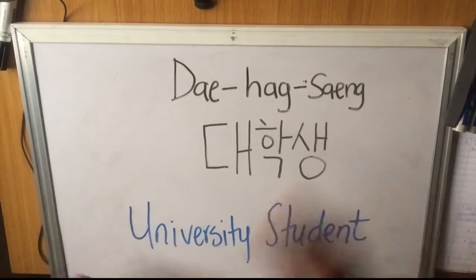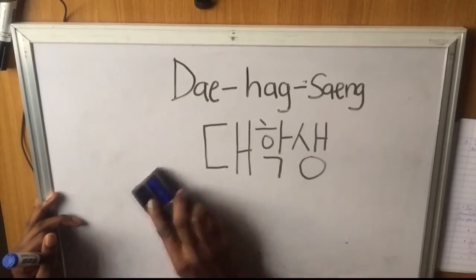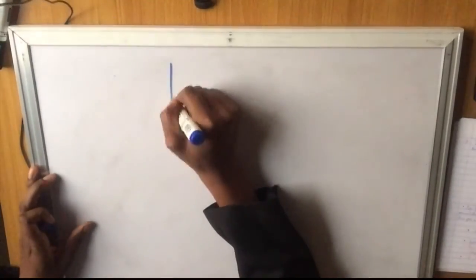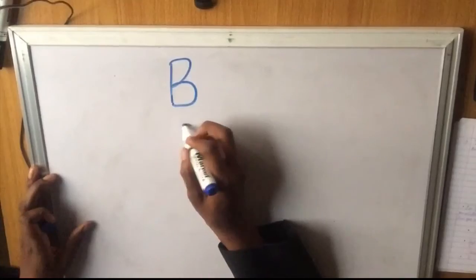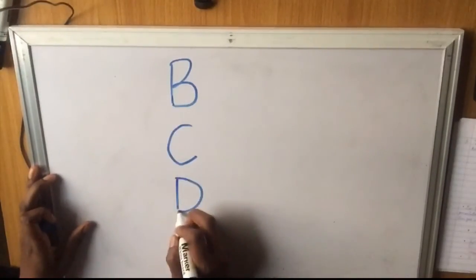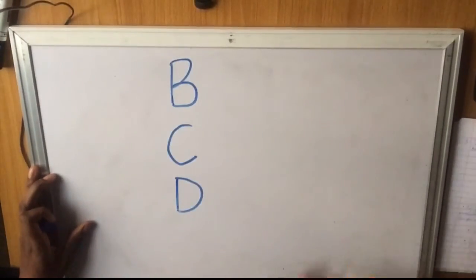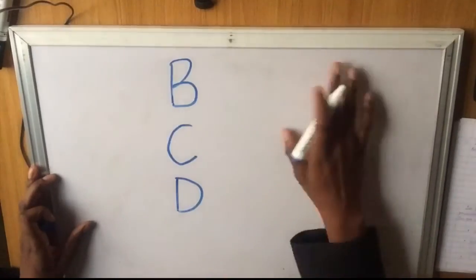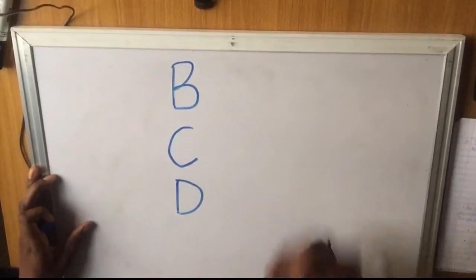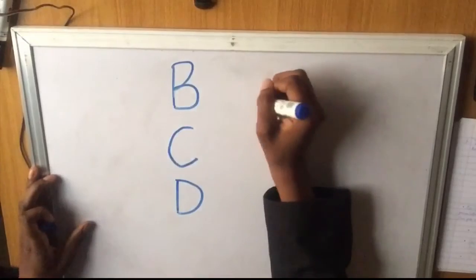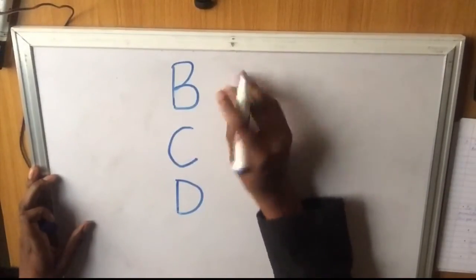The last example. So far, we have done B, C, and in this video we are doing D. I told you guys to go to the list where you wrote all the English consonants, and then once you're done with a lecture, you just write the Korean character beside it.